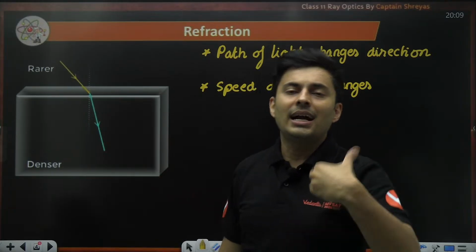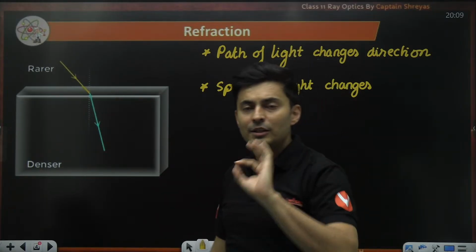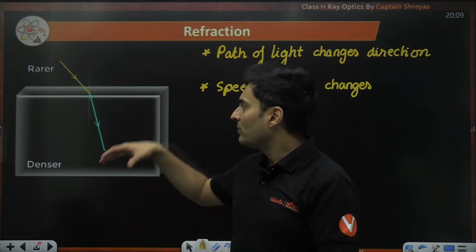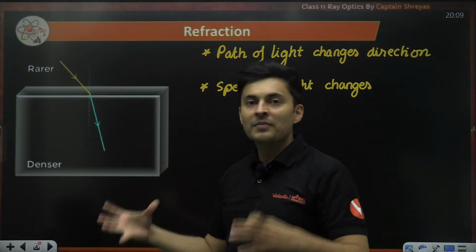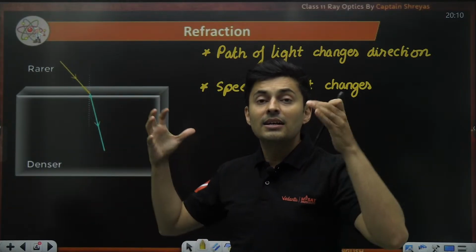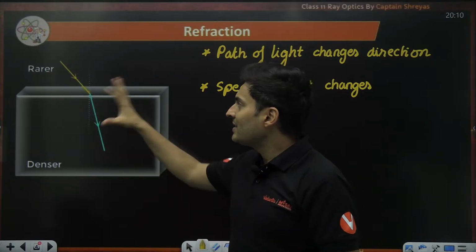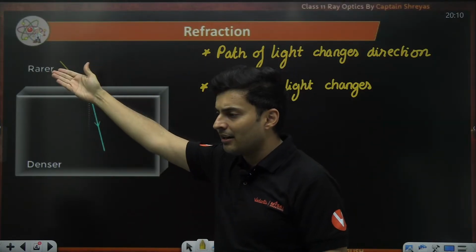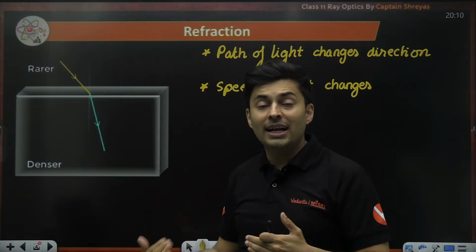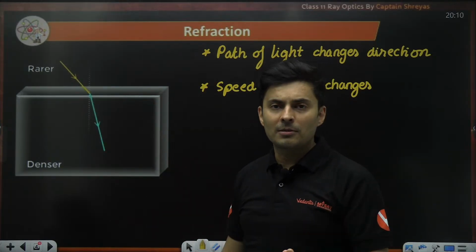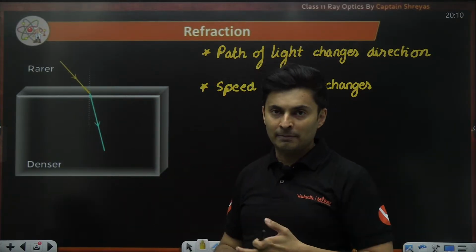It's just an understanding term, qualitatively, no quantification of that. So when I say a medium is dense, it means the speed of light is going to reduce in that medium. It's a relative concept. When I say a medium is relatively rare, then it means the speed of light will increase in that particular medium as compared to the previous medium.